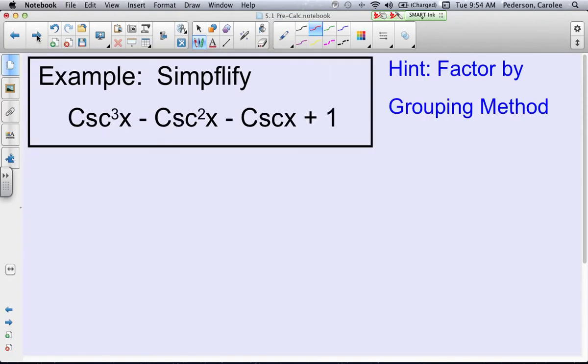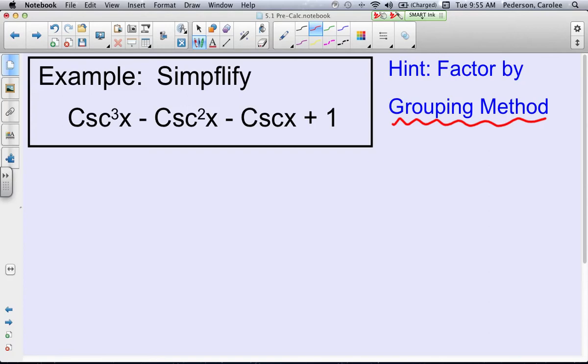Okay, hint. Factor by grouping. So we have 4 terms. The grouping method says take 2 terms that have something in common and take out the GCF. Then take another 2 terms, take out the GCF, and both parentheses should match up.